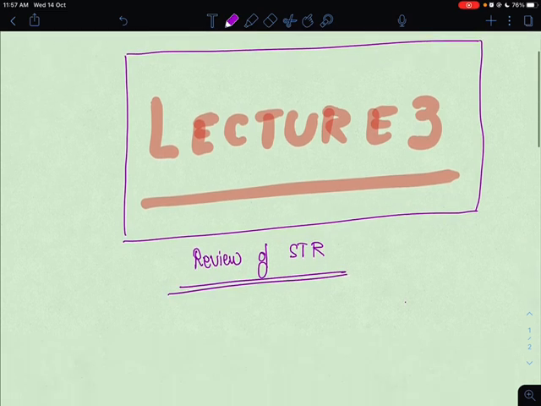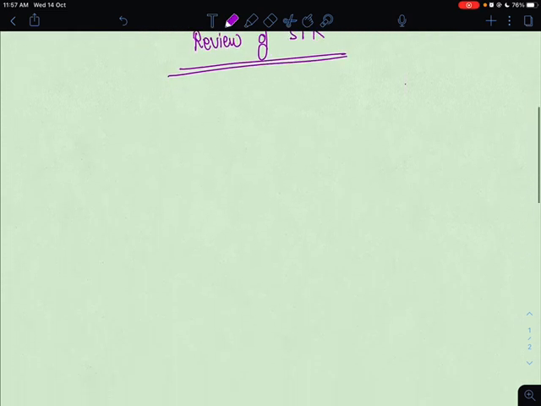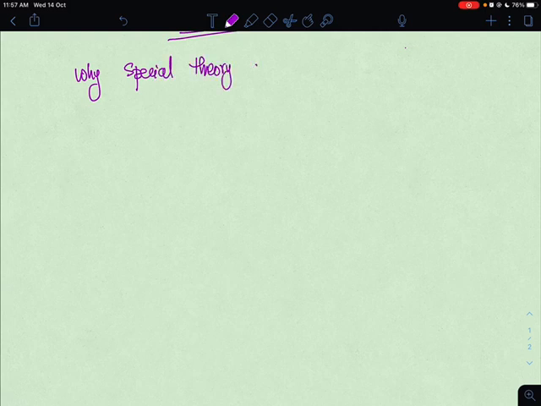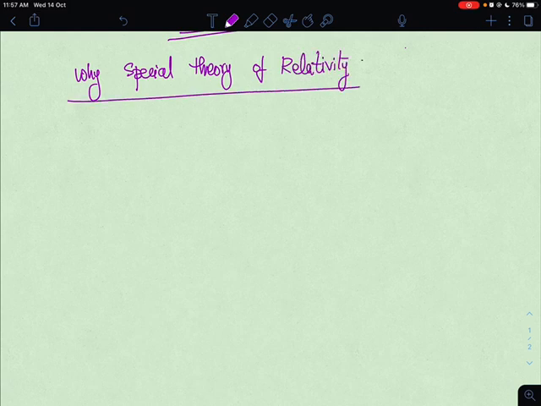Now, the first question to start off with is, why special theory of relativity? Why do we need it? One can think of several reasons.